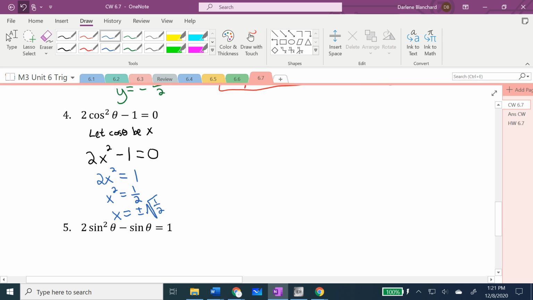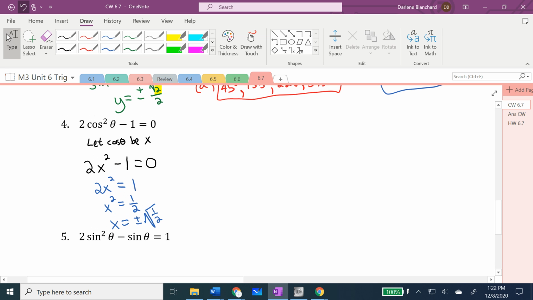Now, do you recognize that number again? As soon as you recognize it, go with who it is and just start heading over to the unit circle. I'm going to write this until you see it. I can distribute the root over division, and the square root of 1 is 1.